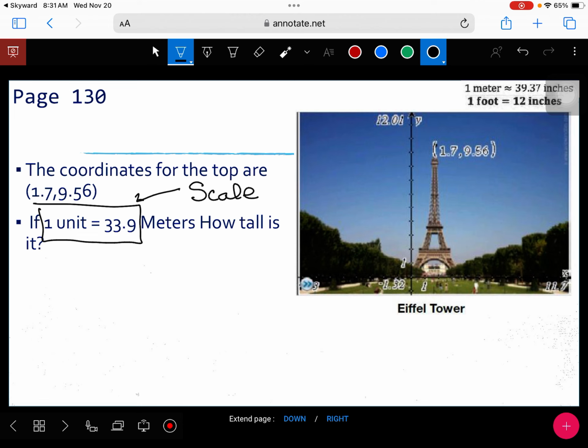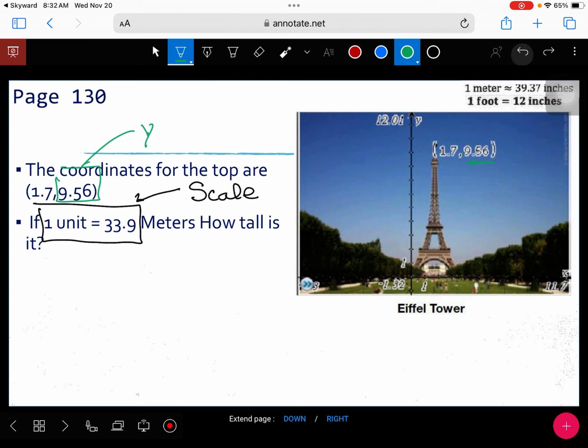So if 1 unit here is 33.9 meters, how tall is the Eiffel Tower? What would I need to do there? Okay, so 9.56. Why did we choose 9.56? Because that's the y coordinate, the height.